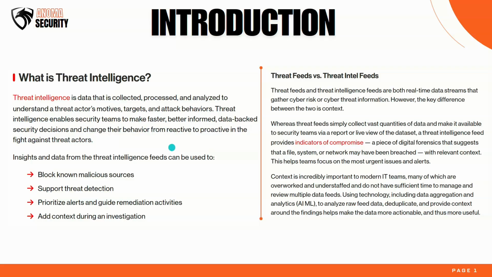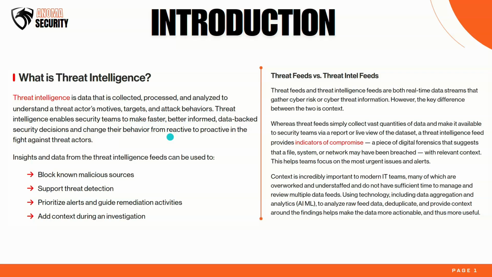So let us revisit this definition and see what the jargons are here. It says threat intelligence is data which you collect from the internet, from various sources, which contains the motives, targets and attack behavioral patterns, and this is all for the benefit of the security teams to make faster decisions.